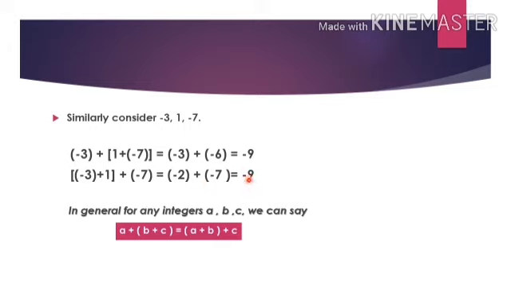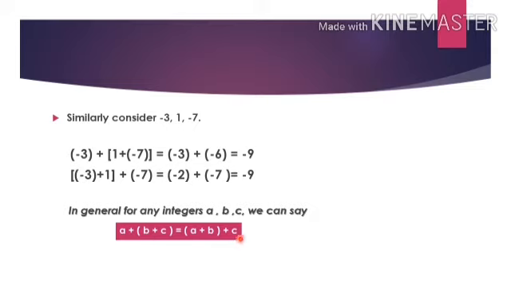Okay, in all cases, consider positive, negative or the combination of positive and negative, we add in any order, we get the same result. In general, for any integers a, b, c, we can say (a plus b) plus c is equal to a plus (b plus c).